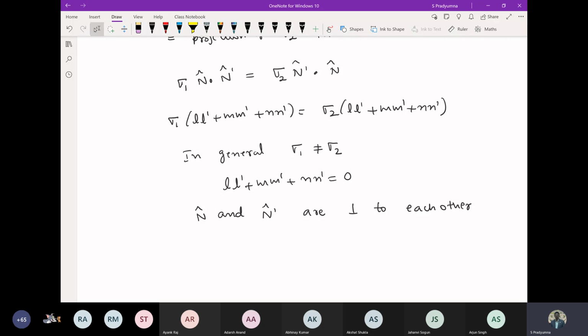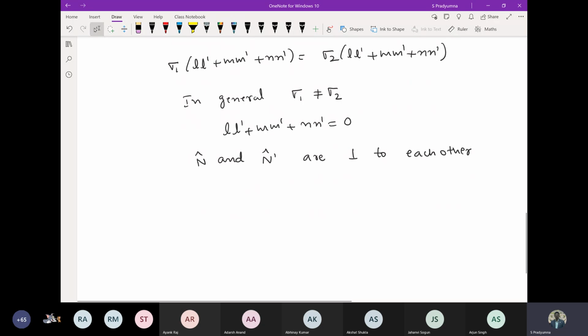Therefore, we can easily consider that these stresses are orthogonal to each other. So that's what our meaning is in this case. Okay, fine. Now this is one thing. Next, let us take this stress tensor again in terms of the principal planes.